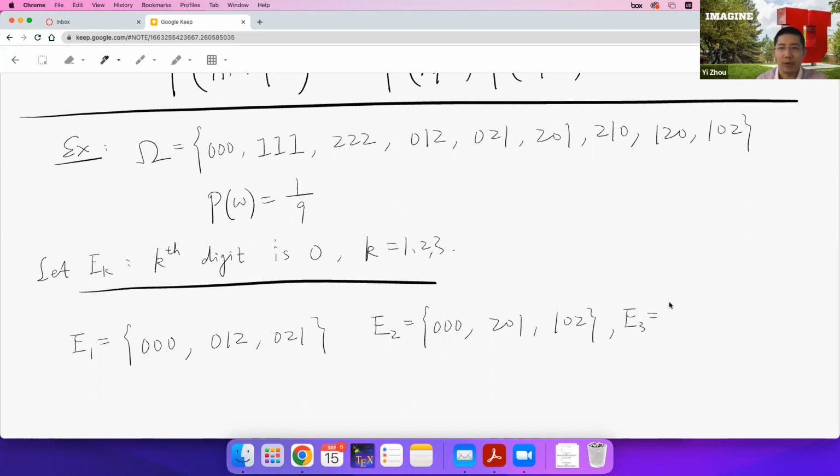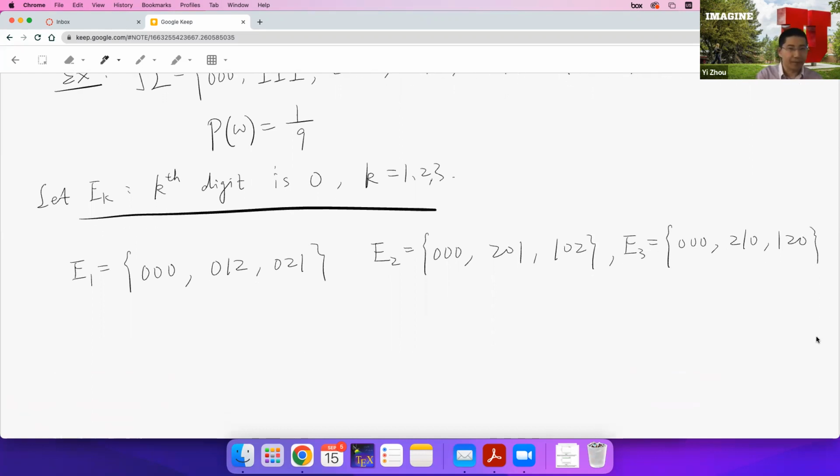And E3 includes these outcomes. This is just based on the definition of the event.